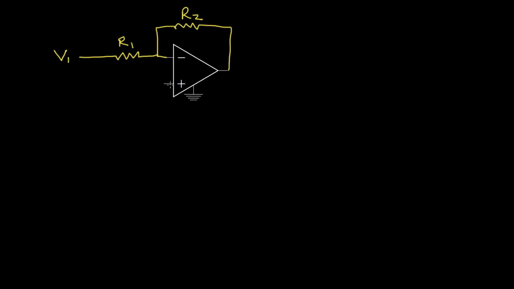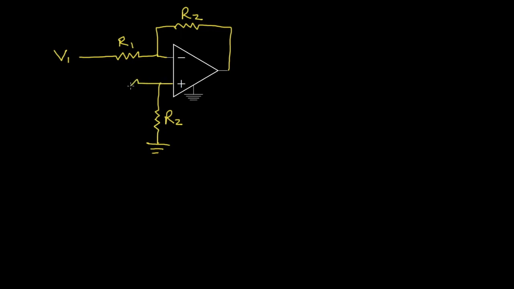Now I'm also going to take the positive terminal, and I'm going to drop down to ground with the resistor of value resistance R2. So this resistance is equal to this resistance.